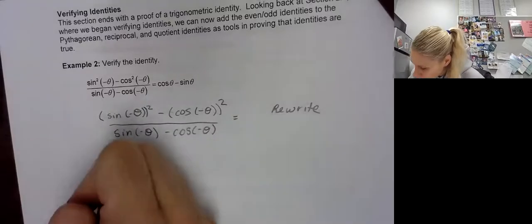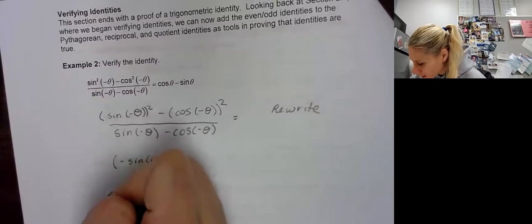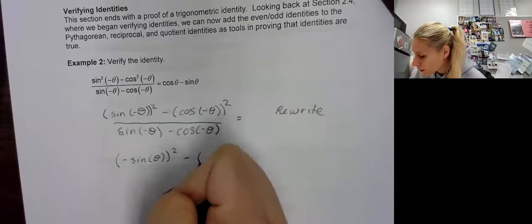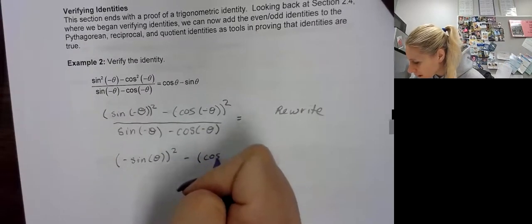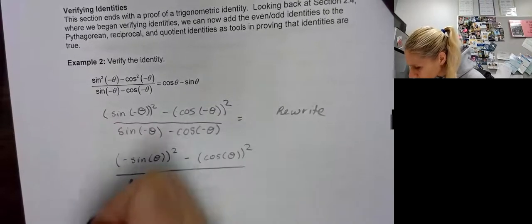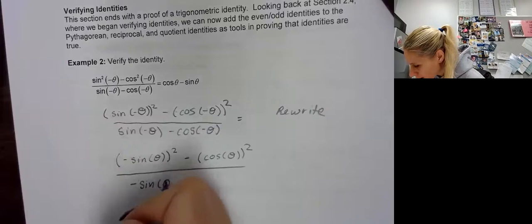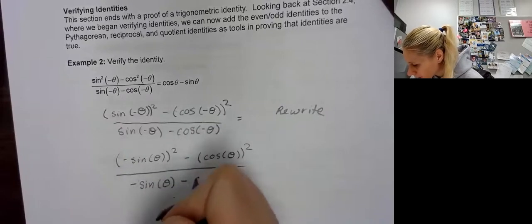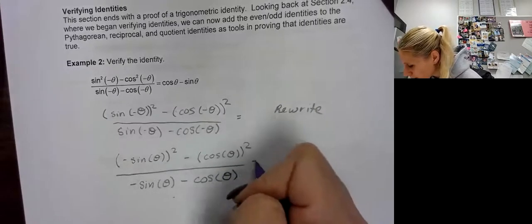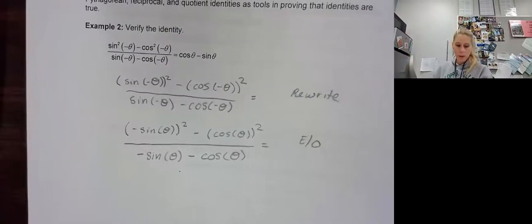Sine is an odd function, so let's keep in mind that's negative sine of theta, and that whole thing is squared, minus, well, cosine's even, so that just gives us cosine theta squared, all over negative sine theta minus cosine theta. That is even odd.